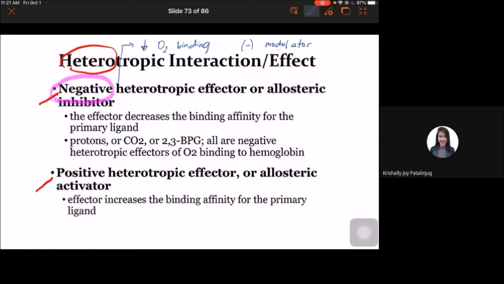So, naalala yung term na modulator. Modulator, yan yung unang ligand na magbabind, di ba, sa interacting site ng hemoglobin. So, these are what we call negative modulator. And dapat malaman mo ano yung mga example. You have to recognize what are those examples of negative modulator for you to know that if that is available, negative heterotropic effect will happen, causing lesser oxygen binding.